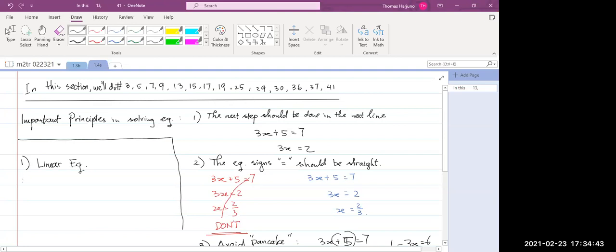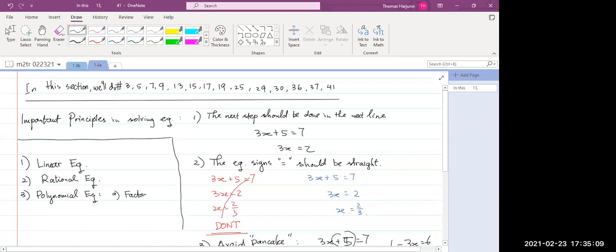And then after that, we will do rational equations. And then we will do polynomial equations. And to solve polynomial equations, either we do it by factoring.